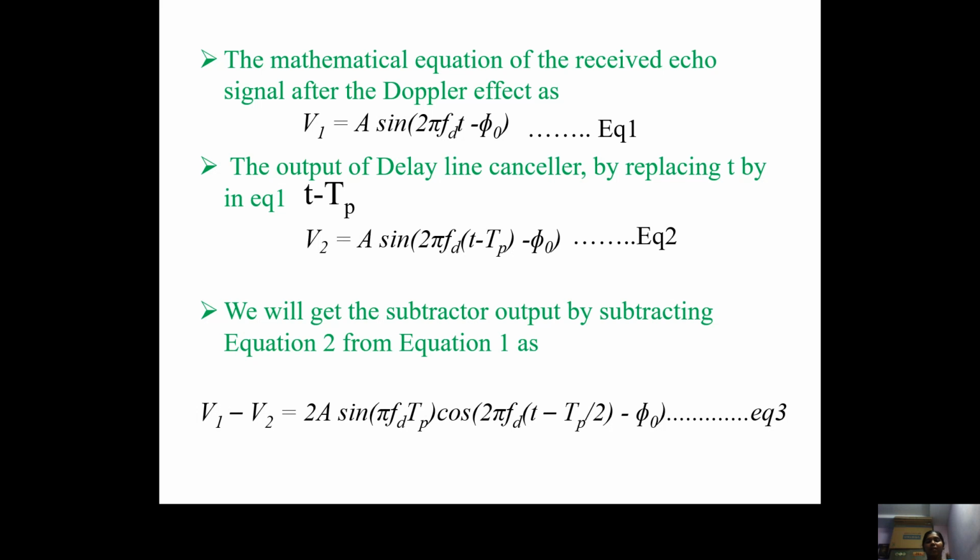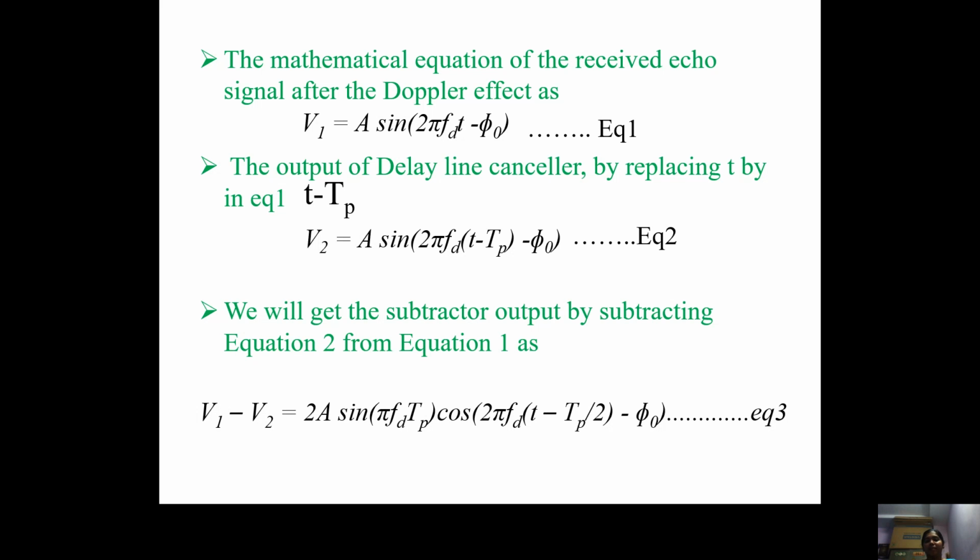If you see the difference voltage obtained after subtraction, it contains sin(pi fd TP). What does this suggest? Whenever the sine value is an integral multiple of pi, the value will be 0. Sine pi is 0, sine 2 pi is 0, sine 3 pi is 0.